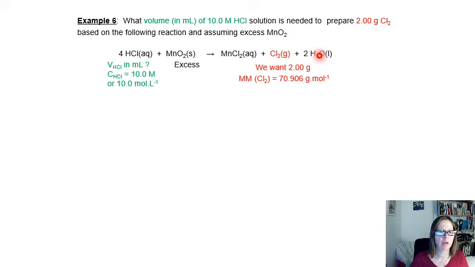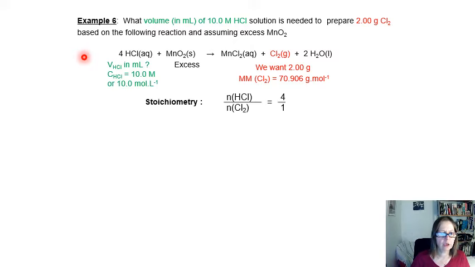We write what we know and we write what we want. So we want 2 grams of chlorine, molar mass 70.906, and we are using a solution 10 molar of HCl. We need to find out what is the volume of this solution that we need to use.